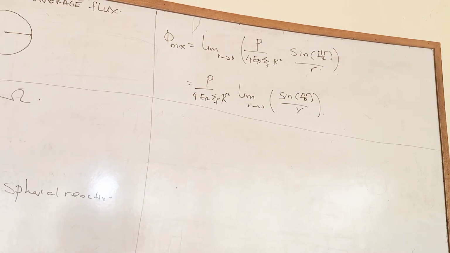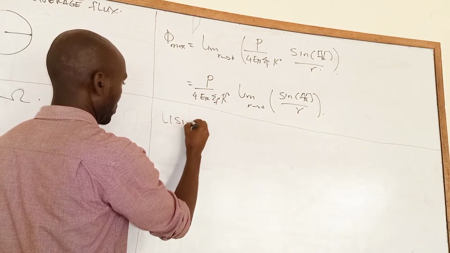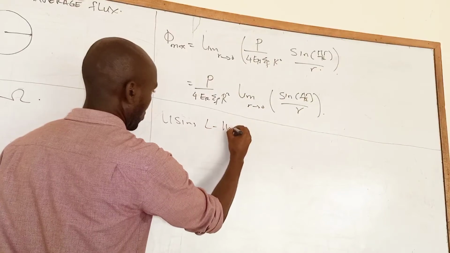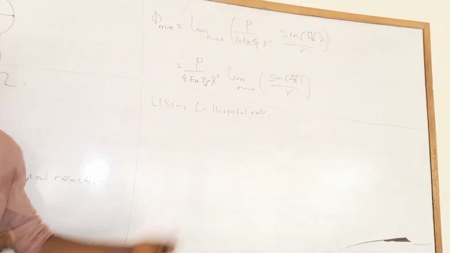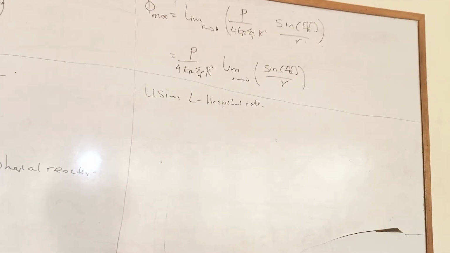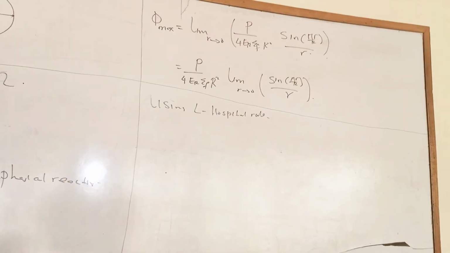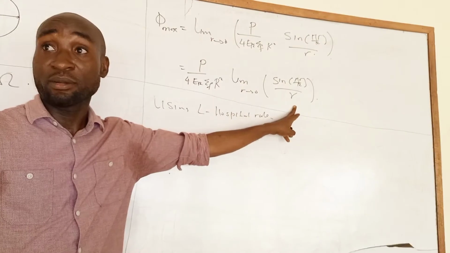If you take it like this, if you substitute r equal to 0, it will be indeterminate. So we have to use L'Hospital's rule. Using L'Hospital's rule, we differentiate the numerator and the denominator. At that point, the denominator will go to 1.